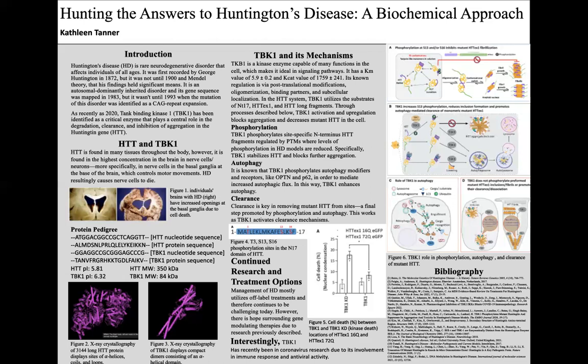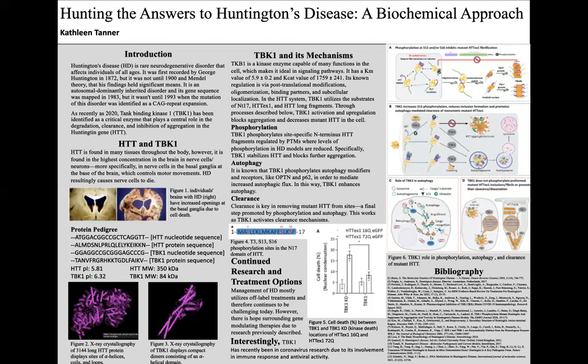Next, we can observe autophagy, which is the process by which dysfunctional intracellular structures are degraded. If this process is deregulated, it can lead to Huntington's disease. Importantly, it's known that TBK1 phosphorylates autophagy modifiers and receptors. Resultingly, TBK1 mediates increased autophagy, thus promoting it.